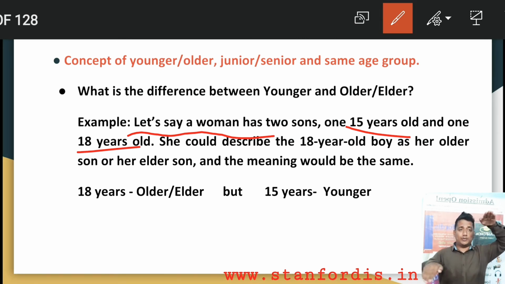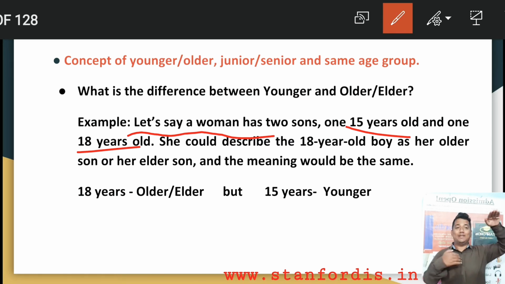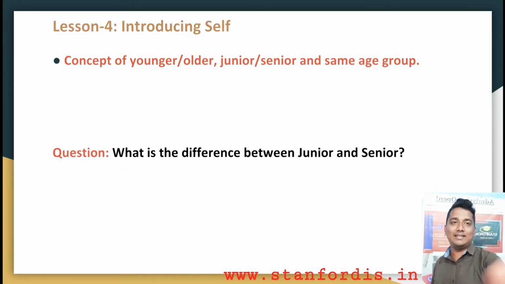I hope you understood. Suppose that between 15 and 18 I am 17 years old. So the 18-year-old person is elder than me or older than me, and the 15-year-old person is younger than me. He'll call me bhaiya, something like that, right? Big bro, something. I hope you understood by this example.